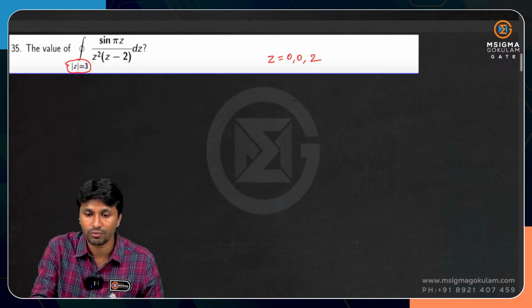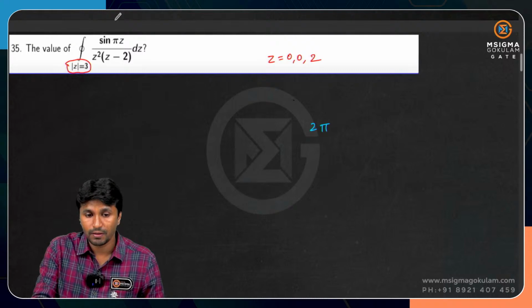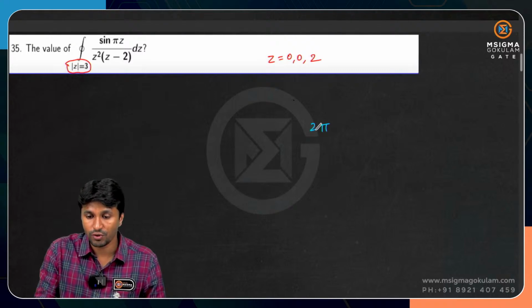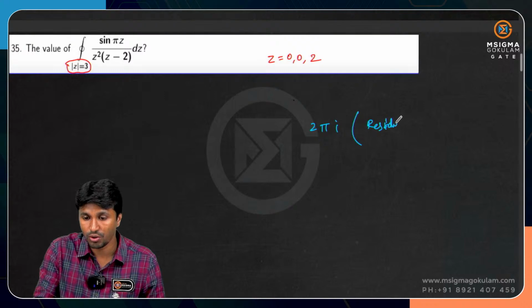So therefore all you have to solve is using Cauchy's theorem. Look at this one, 2 pi I into residue due to the pole 0 plus residue due to the pole 2, right?